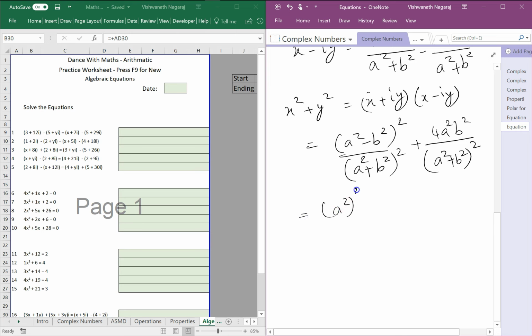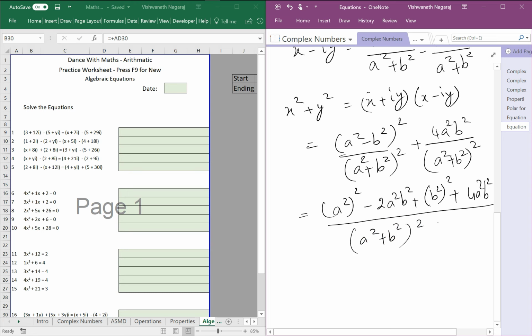(a square) the whole square minus 2a square b square plus (b square) the whole square, plus 4a square b square by (a square plus b square) the whole square is the LCM.